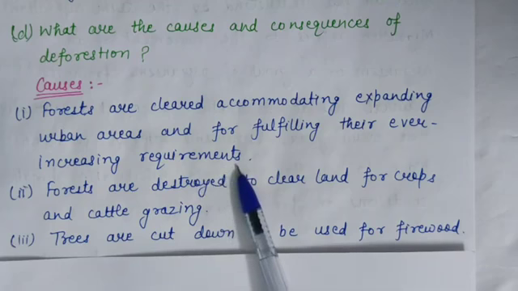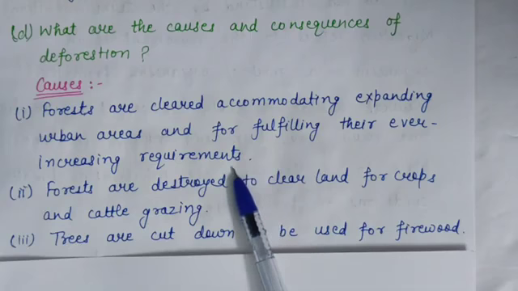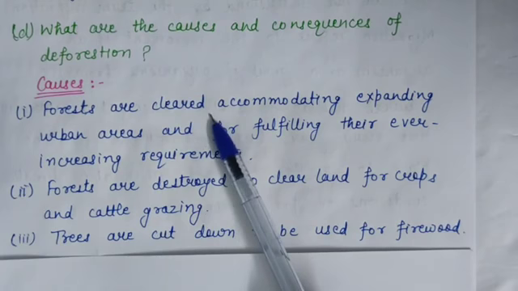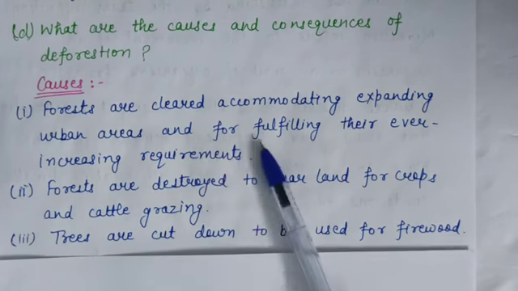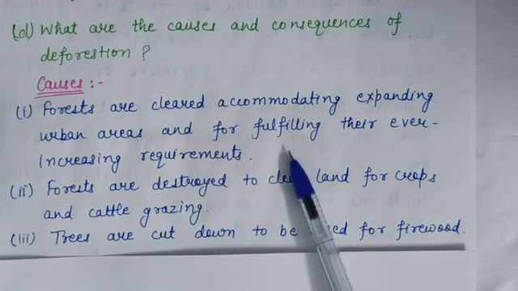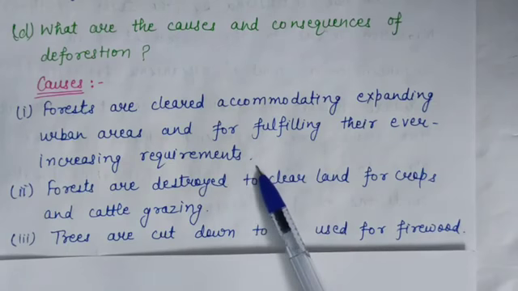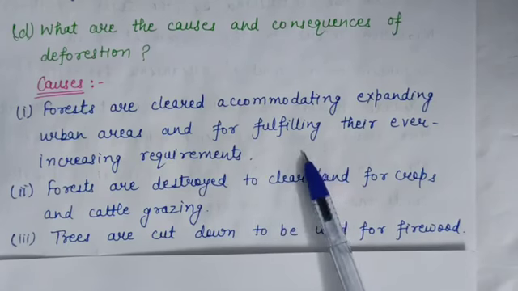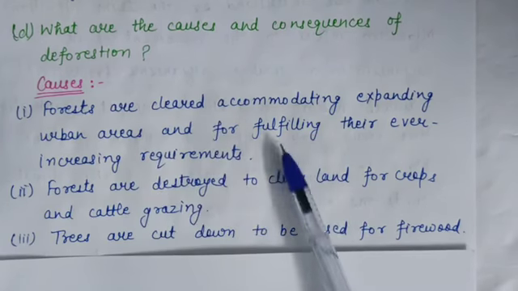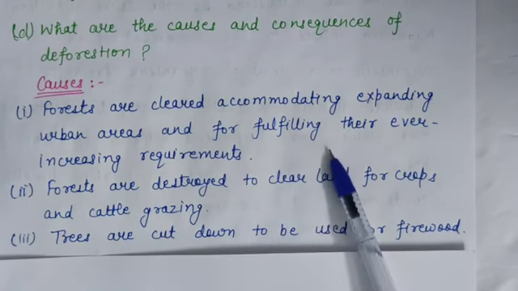Human activities are the cause of deforestation, because sometimes forests are cleared to fulfill their land needs. Means people clear forest for the construction of their factories, okay, and for the construction of their houses. It means forests are cleared to fulfill the human needs.